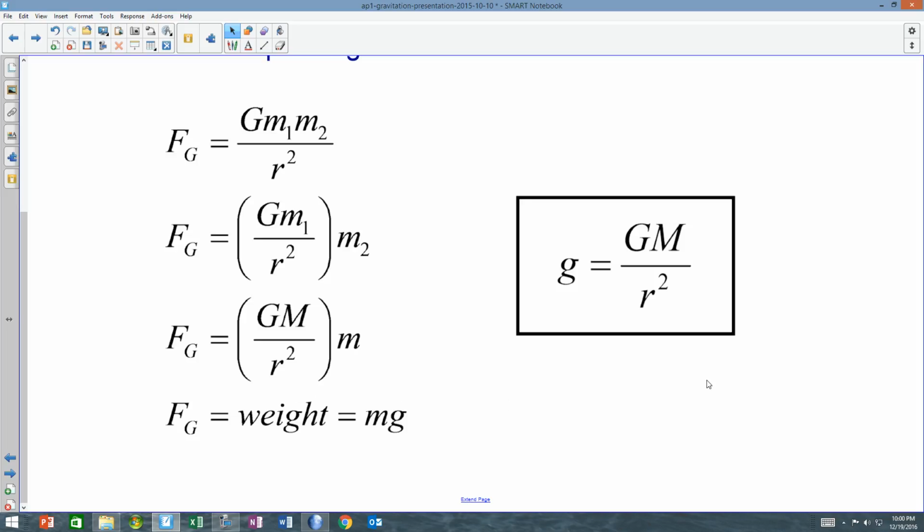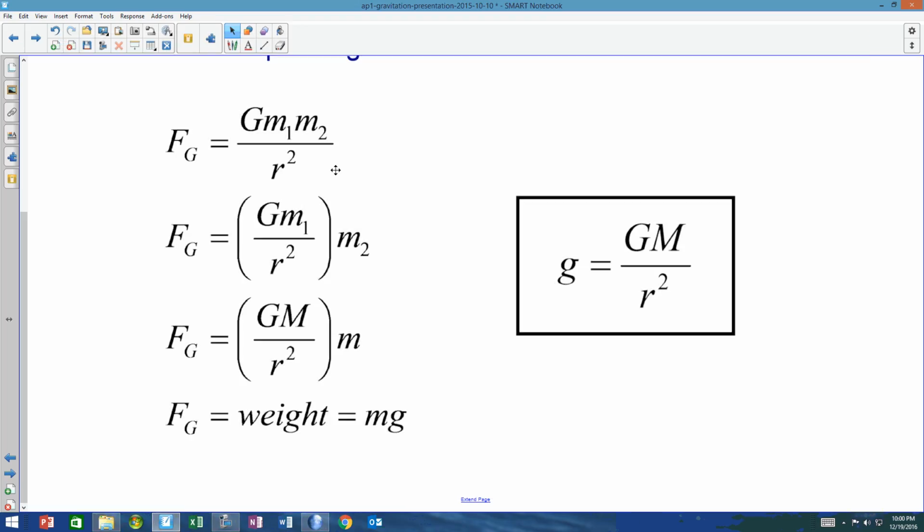So the acceleration due to gravity, its magnitude, is equal to the universal gravitational constant times the mass of the planet divided by the distance between the center of the planet and the object squared. Okay, that's the tricky part. This is not necessarily the radius of the Earth. This is the orbital radius.